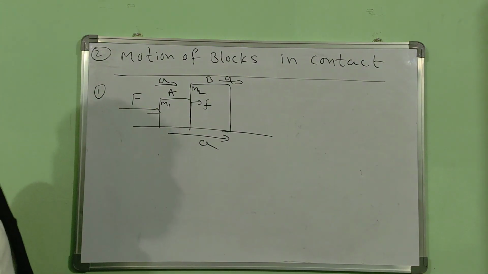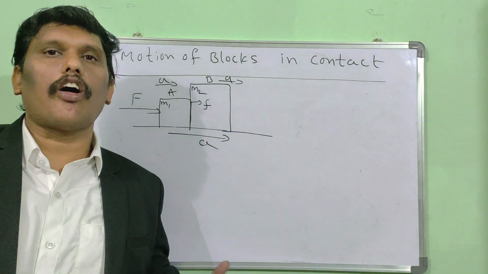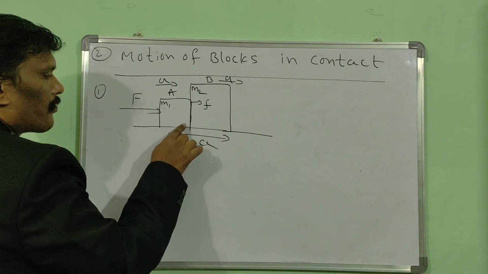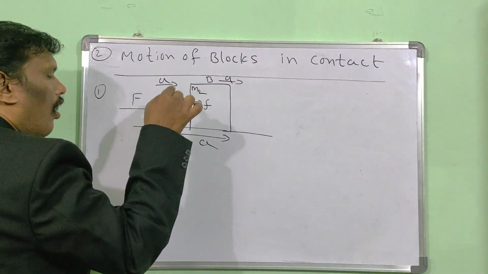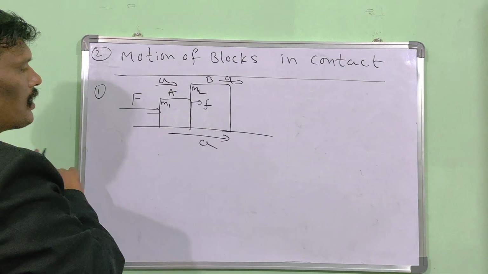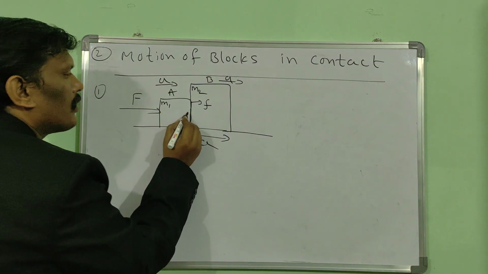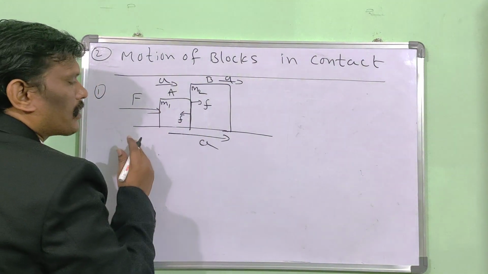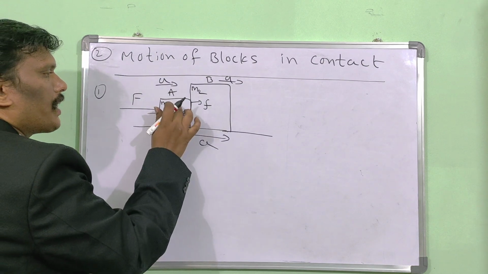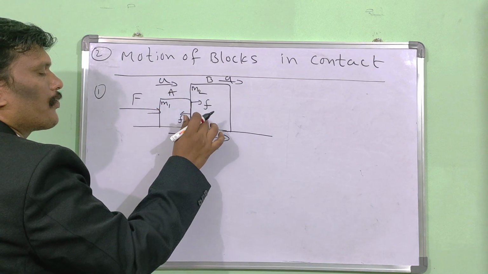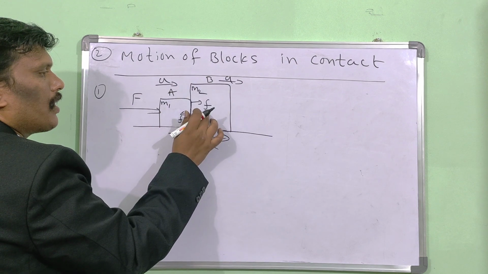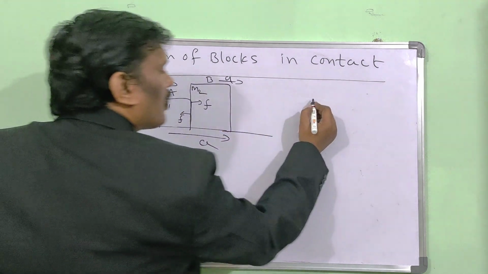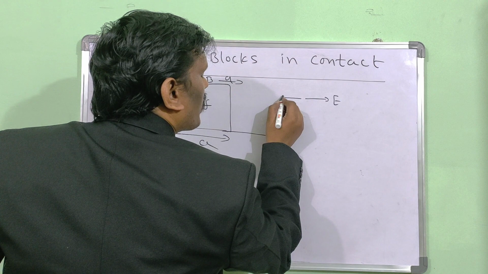According to Newton's third law, to every action there is an equal and opposite reaction. That's why the contact force applied by B on A, that is, the force experienced by A, has equal magnitude but opposite direction. The force experienced by B has magnitude f, and I am going to consider its direction as east. Opposite to east is west.